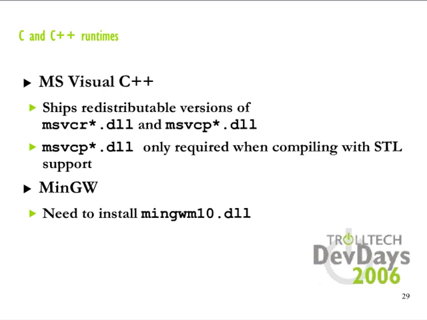The good thing is that if you use Microsoft Visual C++, they ship a redistributable version of msvcr whatever.dll and msvcp whatever.dll. And the msvcp, the C++ runtime, you only need when you actually have STL support on. Otherwise, if you don't use anything from the standard C++ runtime, you don't need it.